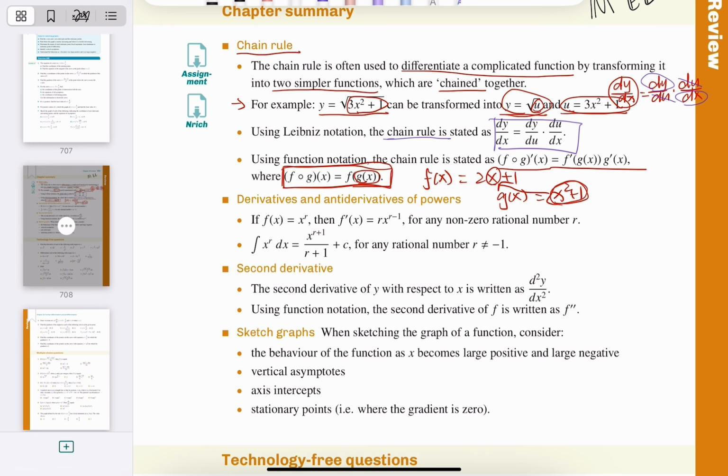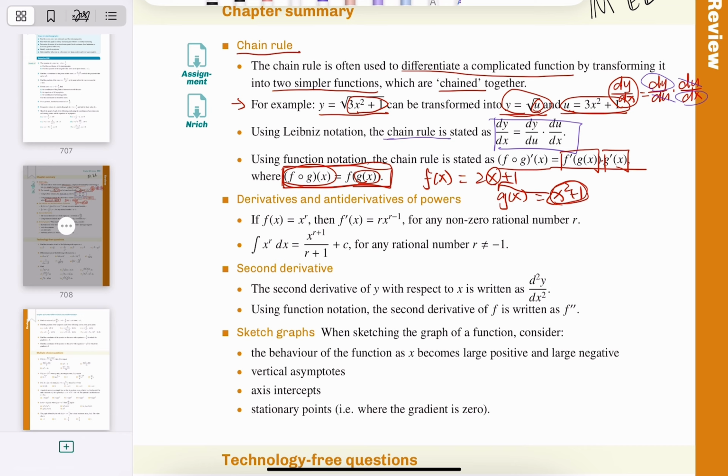And how do we differentiate this function? It's very simple. We can differentiate this part and this part. So we differentiate g(x) and then multiply it by f'(g(x)).